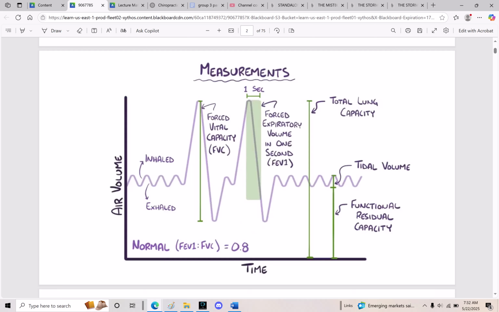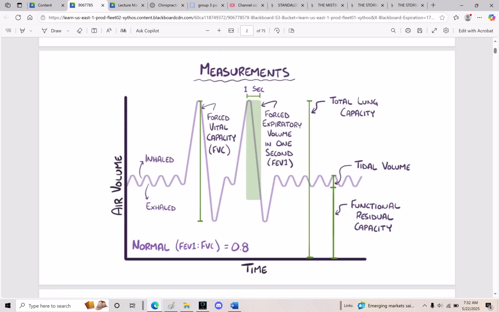Then all of a sudden you take a deep breath in. That's going to be the part that you take out. They don't have it here, but that's going to be your inspiratory reserve volume. That's why yesterday I said what we want to concentrate on is the forced vital capacity.